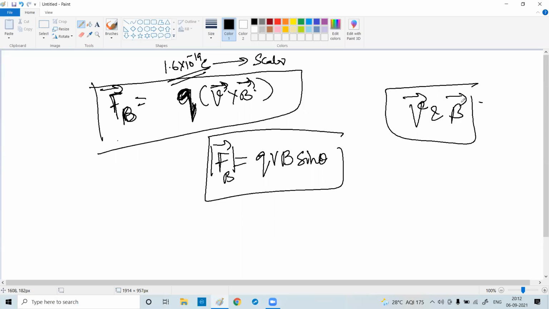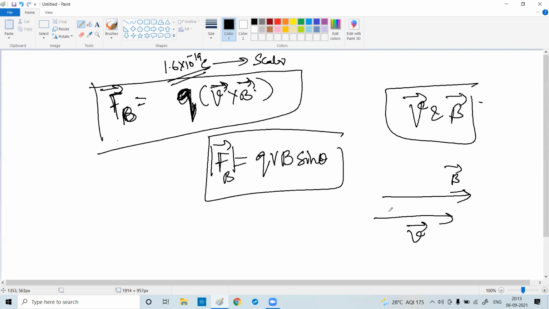So just tell me the formula. If the magnetic field B is in this direction, and the velocity is traveling in this same direction, will there be any force or not? Both are traveling in the same direction, so what will be theta? 0.